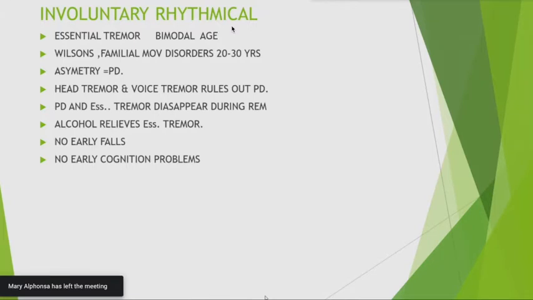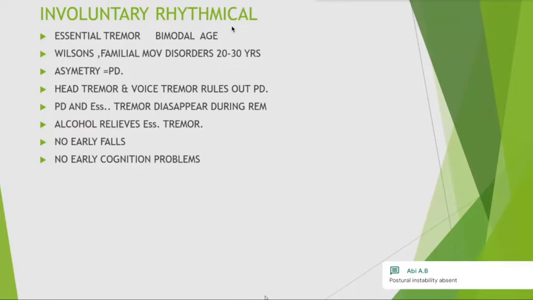And how do you differ essential tremor from cerebellar tremor? When you say tremor, there are two types of tremors: fine tremor and coarse tremor. Essential tremor is basically a coarse tremor. So how do you differentiate it from cerebellar tremor, which is also coarse?